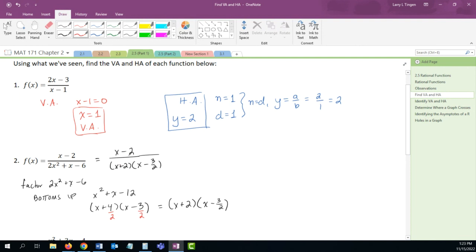I know this looks tempting here to divide, but if you divide factors from numerator and denominator, they have to match completely. That includes signs. So let's go for that vertical asymptote first. Vertical asymptote is found by letting the denominator equal 0 and solving. Two things multiply to give me 0. One of them has to be 0. That's the fun zero product principle that we all know and love.